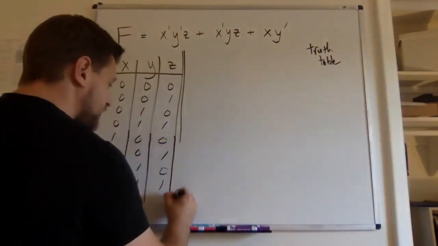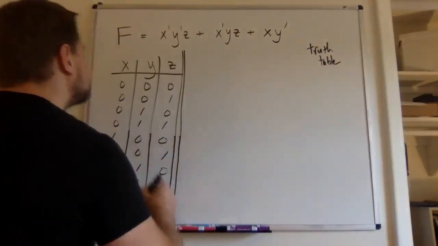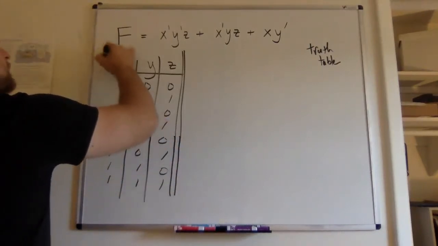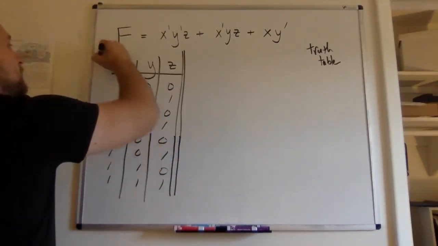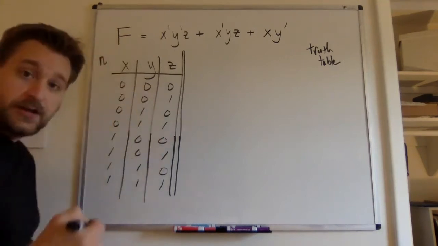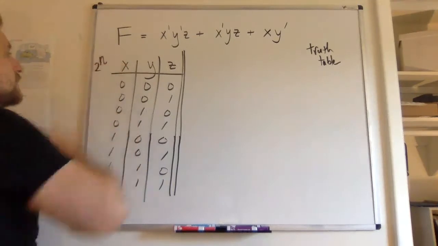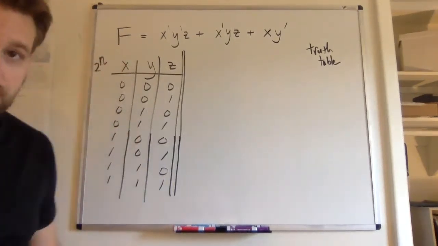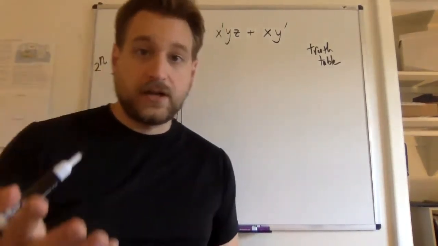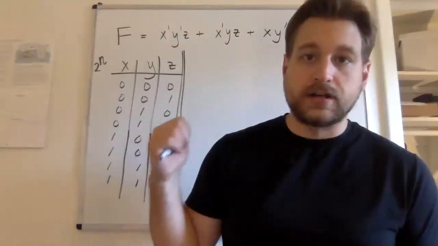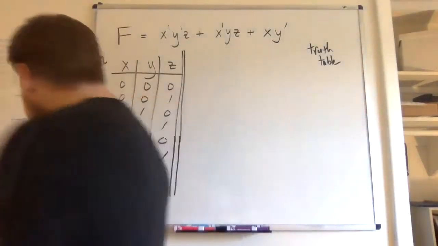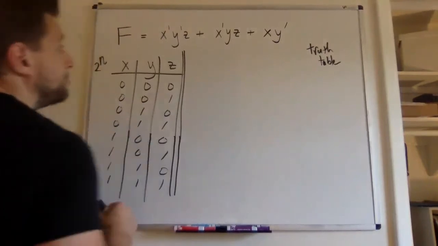How many rows are there in our truth table? If we're dealing with n variables, in this case 3, there are going to be 2 to the n rows in our table. We've got 3 variables, so there are 8 rows in our table. Okay.